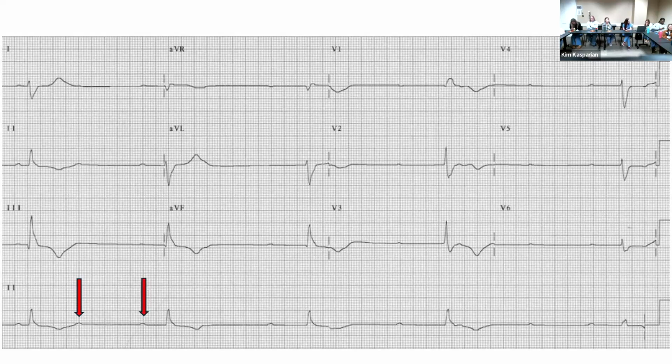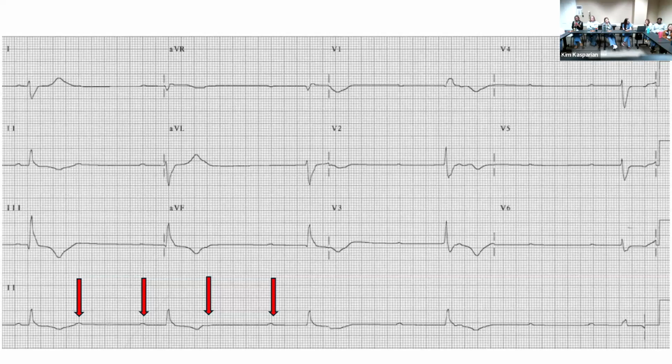There's again a hidden P wave kind of there at the end of the T wave. You look at the PR interval, it looks like it's lengthening. But since you have so many unconducted P waves, the fact that it's lengthening means that it's more likely just AV dissociation. It wouldn't be a type 1 because there's so many unconducted beats.